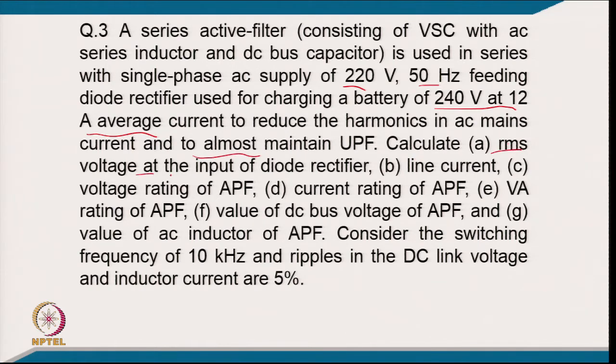Calculate the RMS voltage at the input of the diode rectifier, line current, voltage rating of the active filter, current rating, VA rating of the series active filter, the value of the DC link voltage, and the value of the AC inductor. Consider a switching frequency of 10 kilohertz and ripple in the DC link voltage and inductor current of 5%.